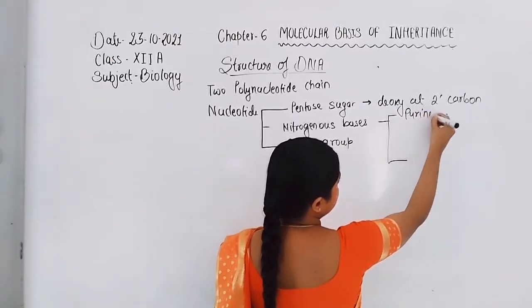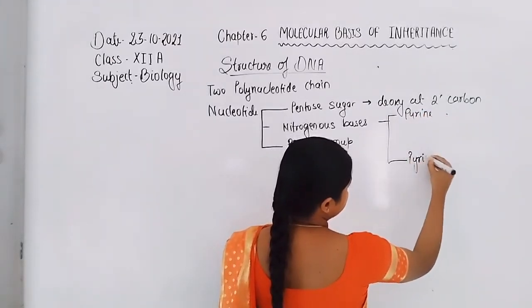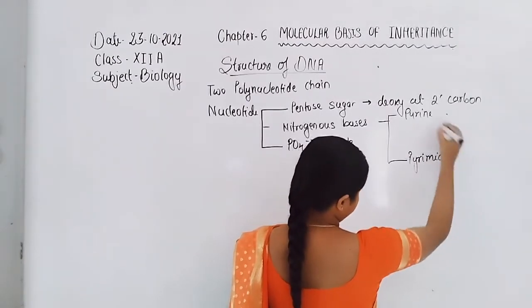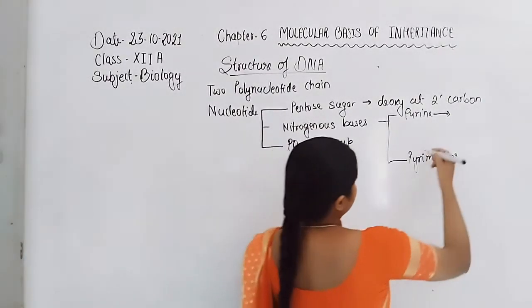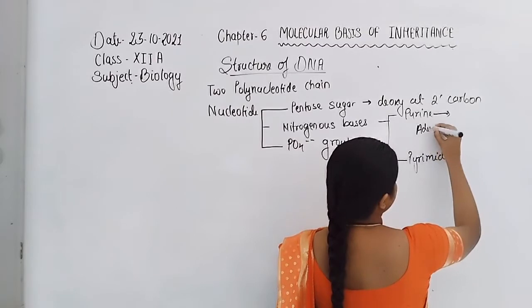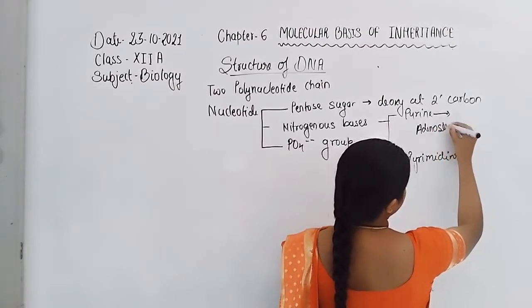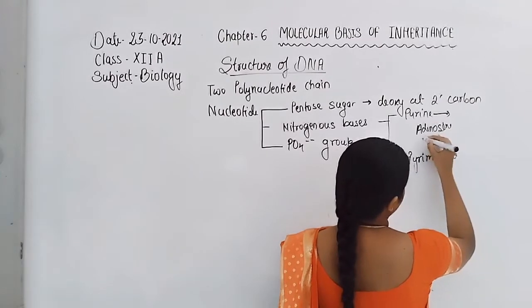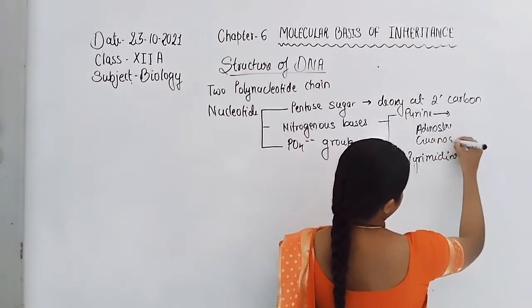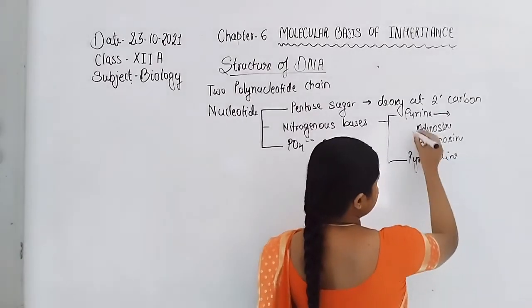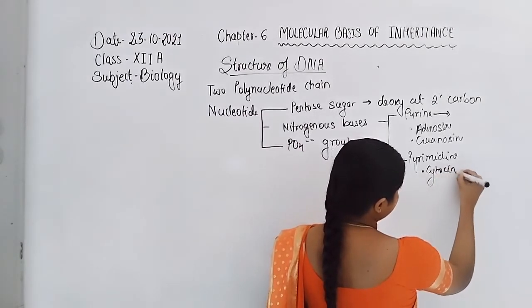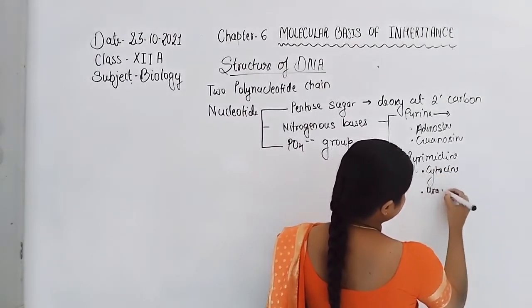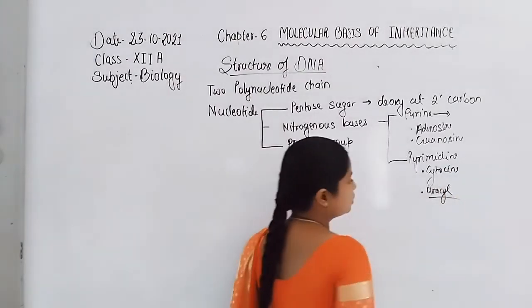Two types of nitrogenous bases are present: purine and pyrimidine. The two kinds of purines present are adenosine and guanosine, whereas the pyrimidines are cytosine and uracil.